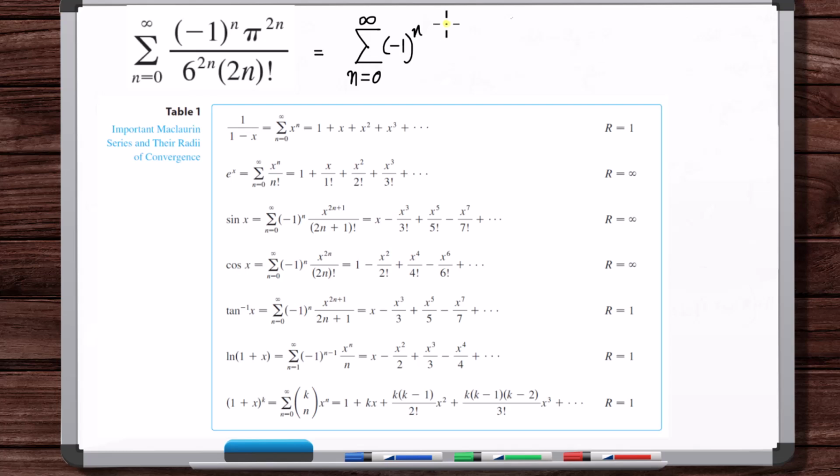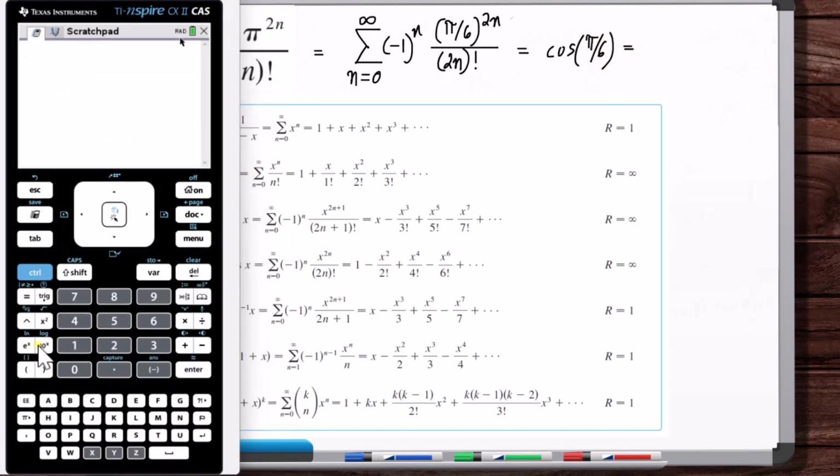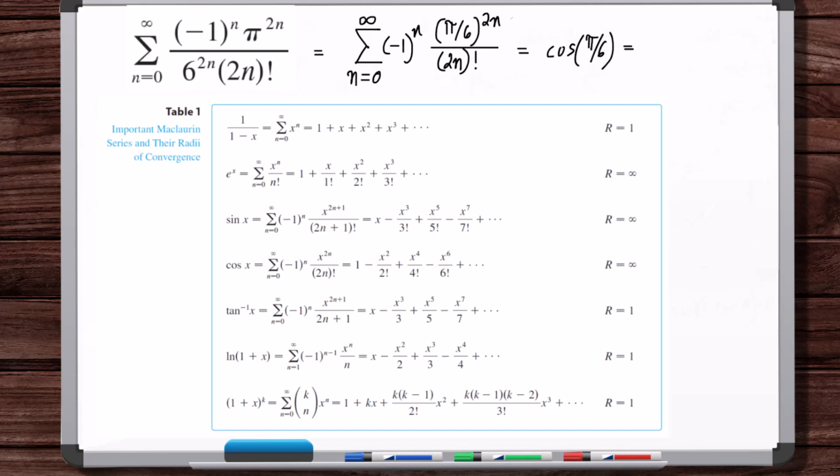Because we can write this as cosine pi over 6, which is root 3 over 2.